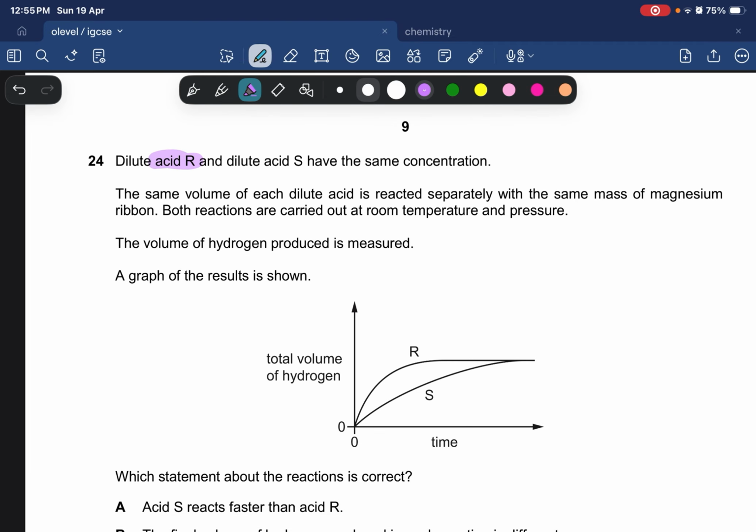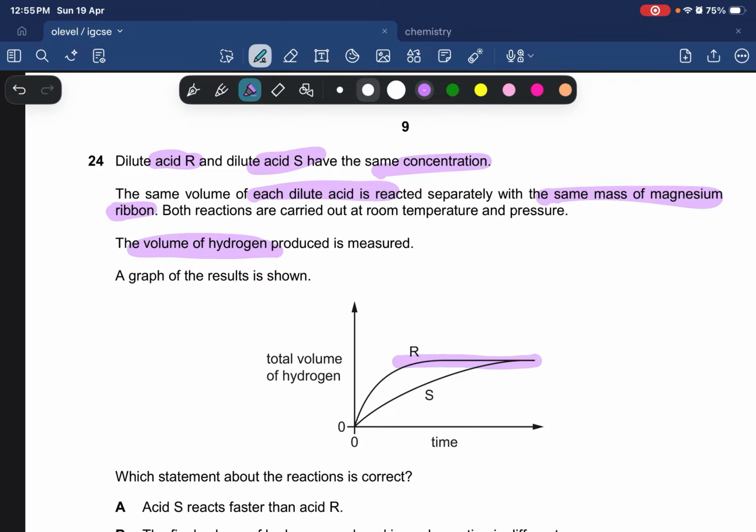Dilute acid R and dilute acid S have the same concentration. The same volume of each dilute acid is reacted separately with the same mass of magnesium ribbon. Both reactions are carried out at room temperature and pressure. The volume of hydrogen produced is measured. The graph of the results is shown.